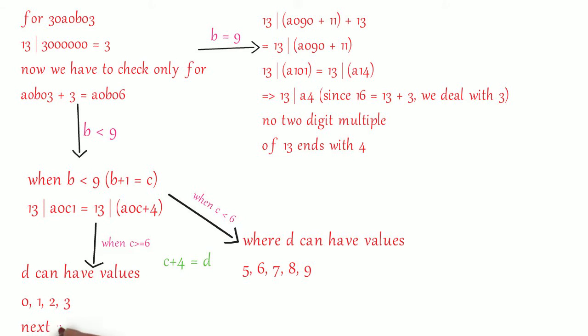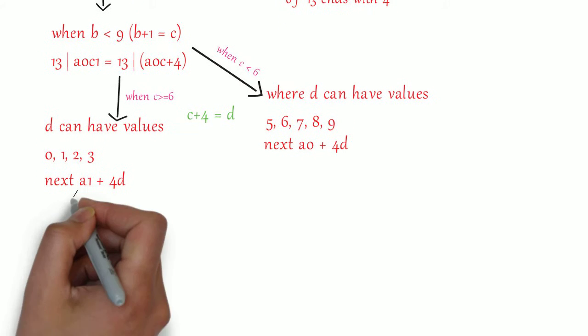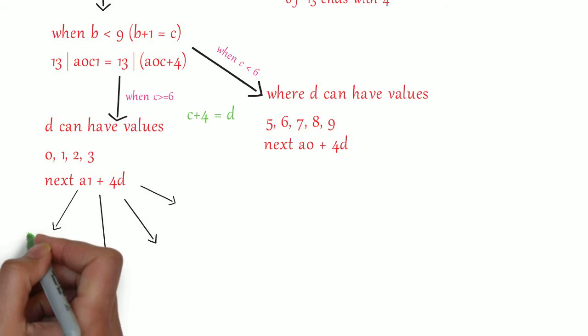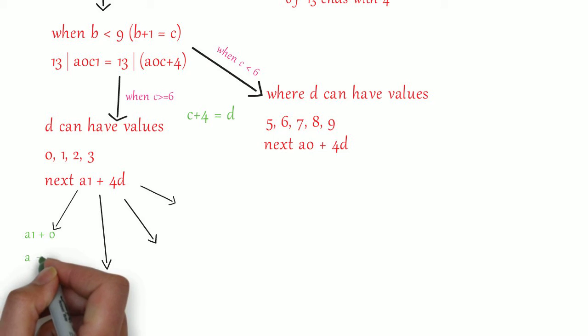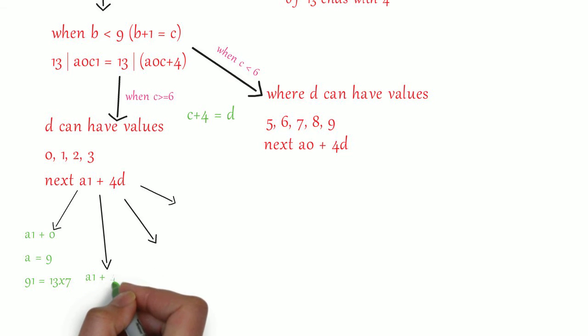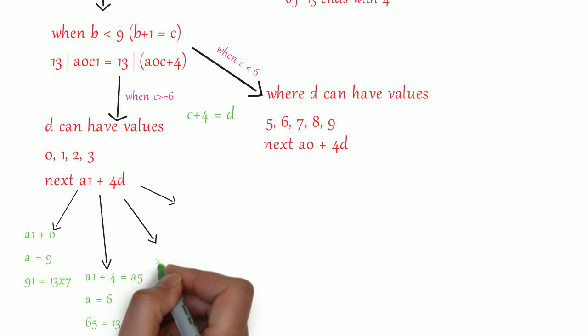Now, applying our rule, in the case where there is a carryover, we get 13 must divide A1 plus 4D. For the 4 possible values of D, we get A1 plus 0 must be a multiple of 13, and we have 91 for this case. For the second case, we get A1 plus 4, that is A5 must be a multiple of 13, and 65 is our solution here.